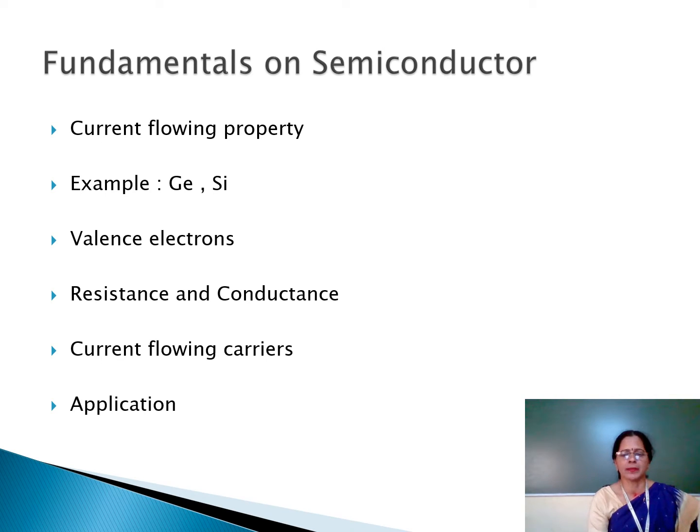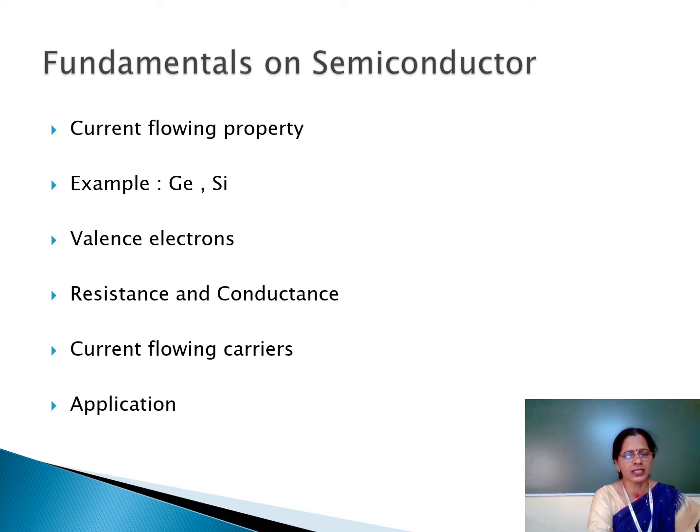Similarly, the conductance property. Conductance for a conductor is very high because a conductor allows current flow through it very easily. But the conductance of an insulator is very low and may be assumed as zero, no current flow. Conductance means the current flowing property.